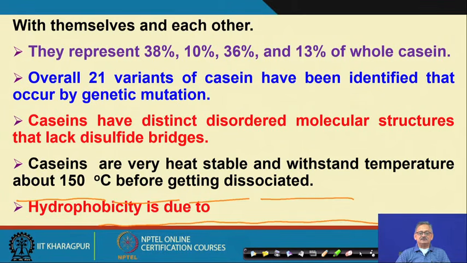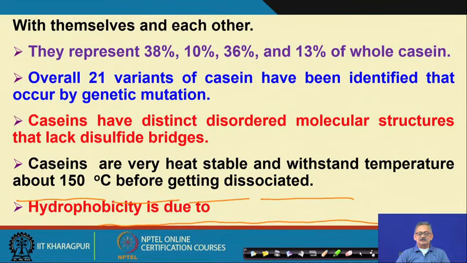So, this is about the 4 types of casein which are present. Overall, 21 variants of casein have been identified that occur by genetic mutation, right.